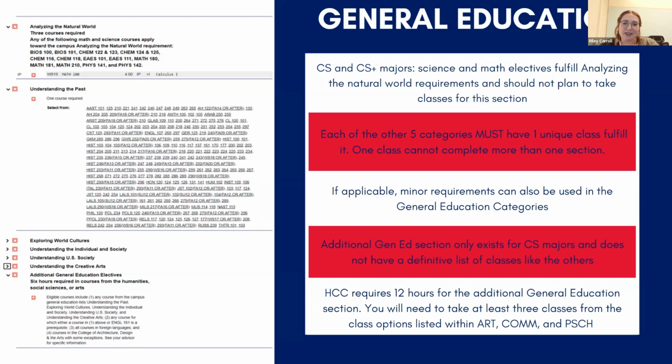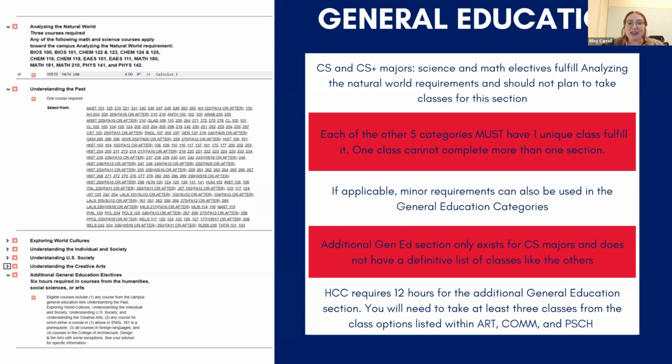CS majors are the only group of our CS umbrella majors that will need a plan for the additional gen ed/humanities section. The audit specifies what type of classes can be used to complete this section. It also mentions that your advisor has an approved list, which is not accurate. We will encourage you to use the 4 criteria listed to get a better idea of what your options are.